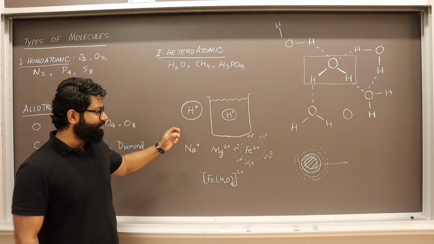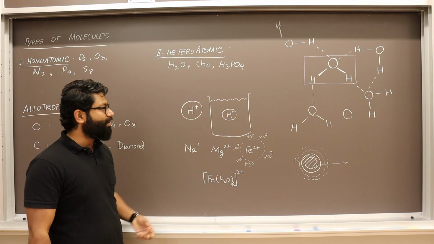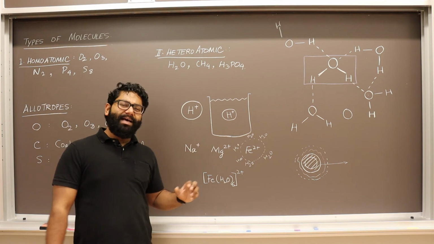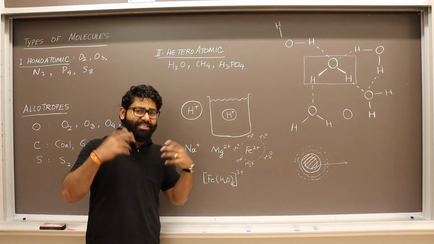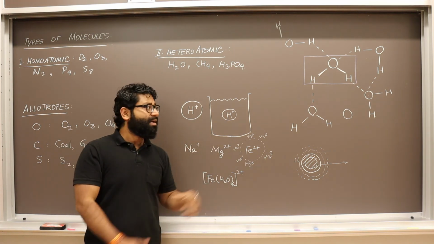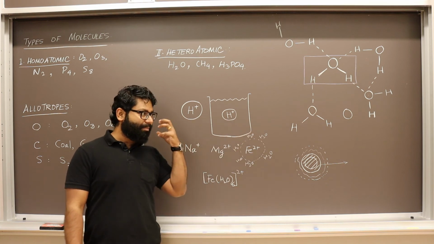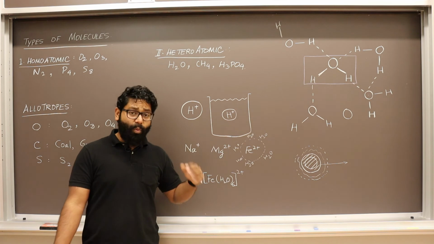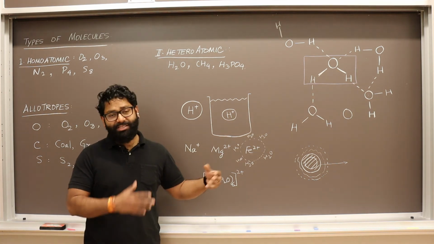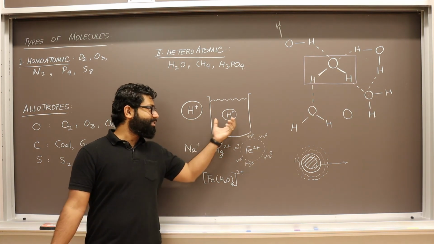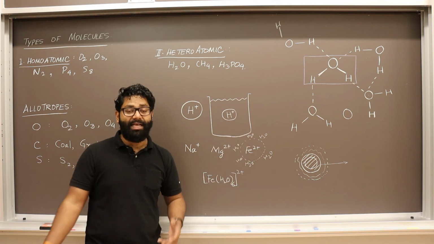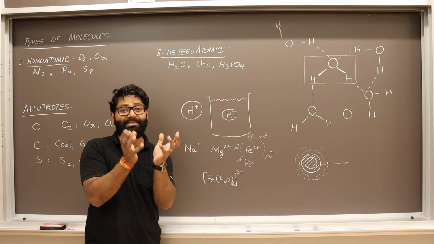This will become extremely important in subsequent lectures when we deal with H plus. H plus is related to the definition of an acid, which we'll read. If H plus doesn't exist in the liquid state, what actually exists is H3O+. H plus combines with a water molecule and forms H3O+, the hydronium cation, and that is the stable part.